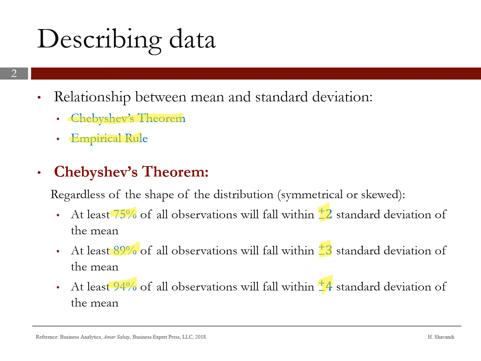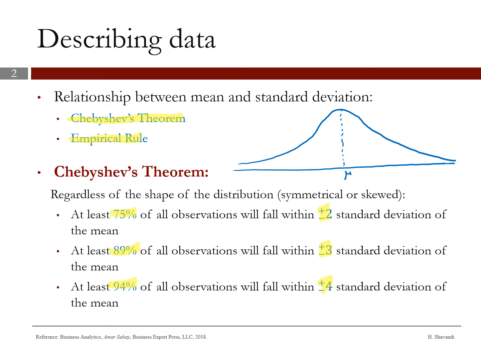So let's show this in a graph here. Let's say this is our distribution. Here I'm assuming a symmetrical, but it doesn't need to be symmetrical. Let's say here is our mean.